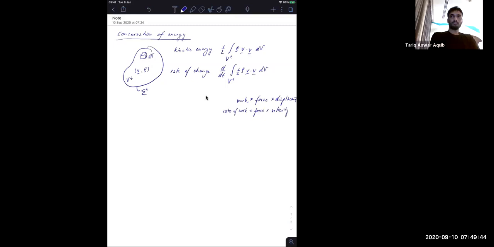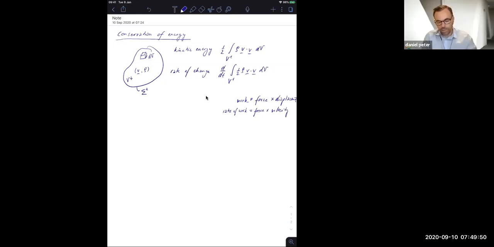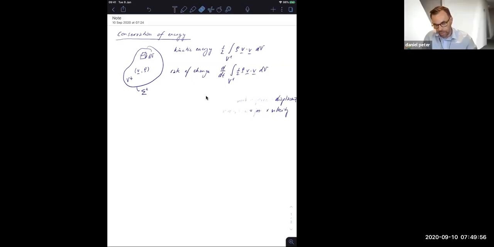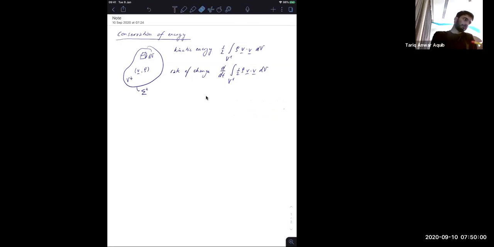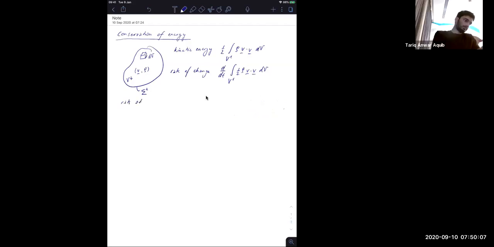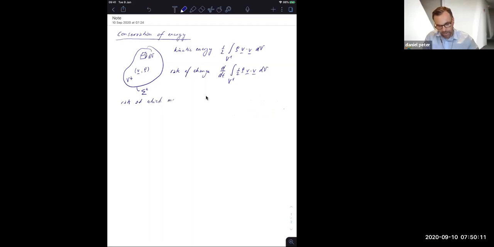This would be a rate of work which is applied. Good, let's write this down in terms of our continuum mechanics formulations. So what we're interested in is the rate at which mechanical energy is added.